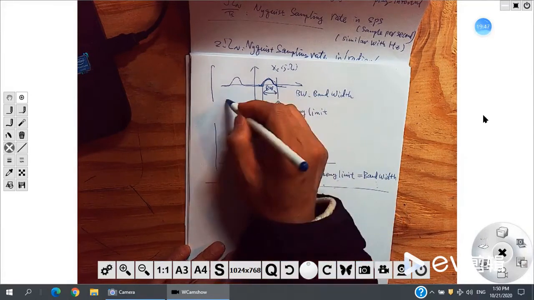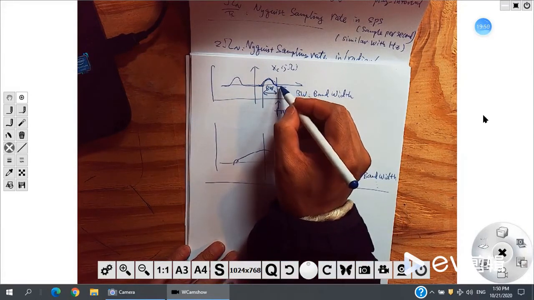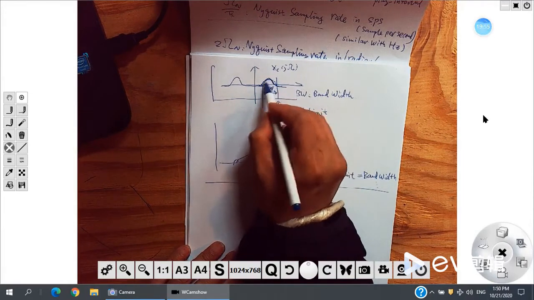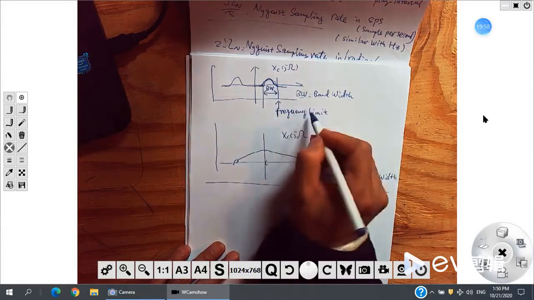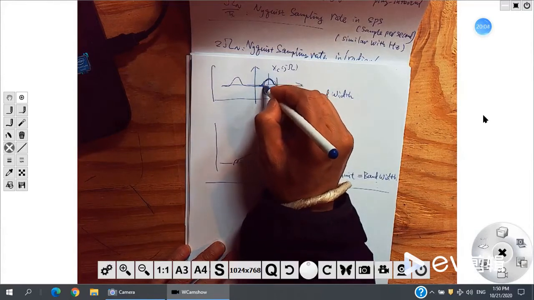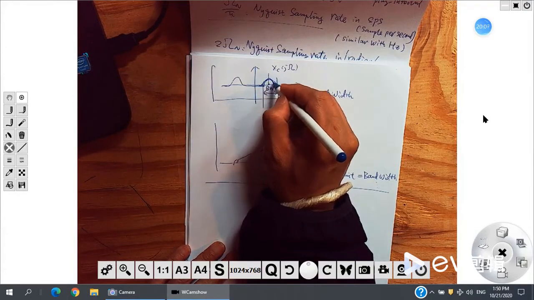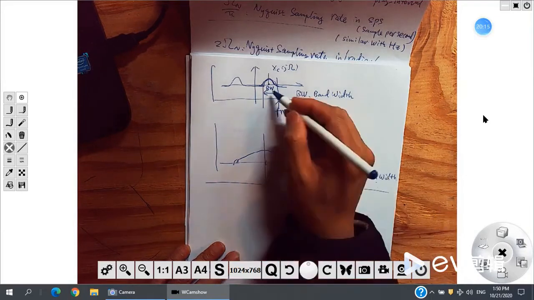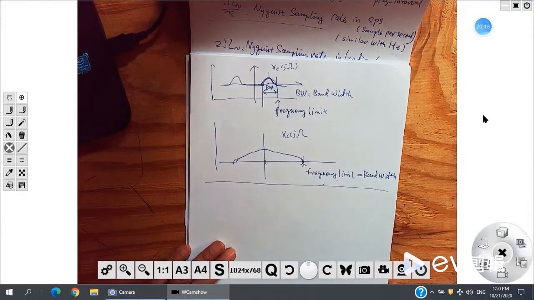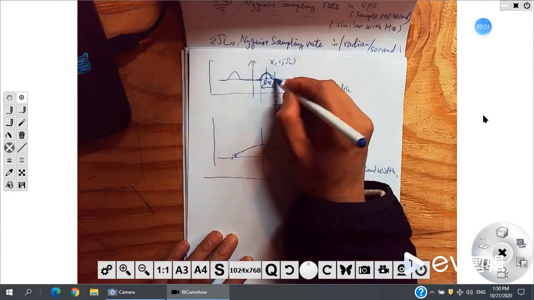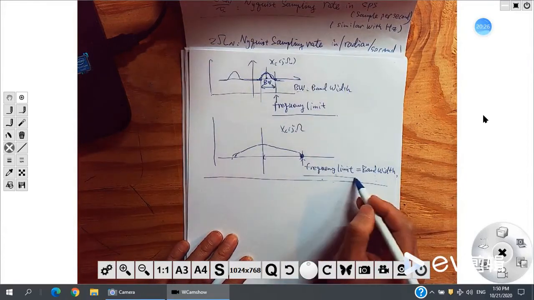We have a lot of this kind of signal in real applications, like radio signals. Different radio channels cover different frequencies. Each channel has a bandwidth, and usually people use the center of the channel as the frequency of that channel. Also cell phones have channels, and different companies occupy different channels. And this number, the limit of the frequency, is important when you take samples.